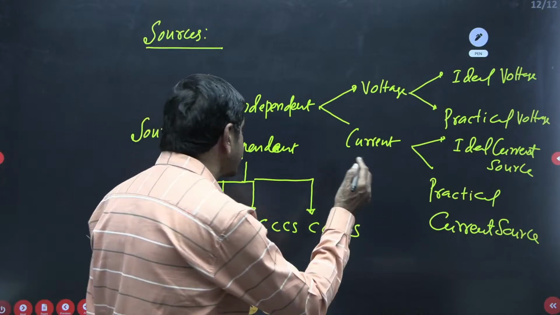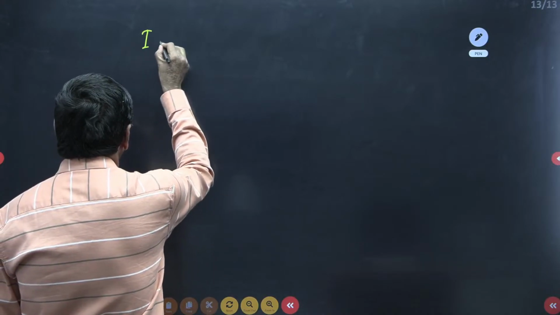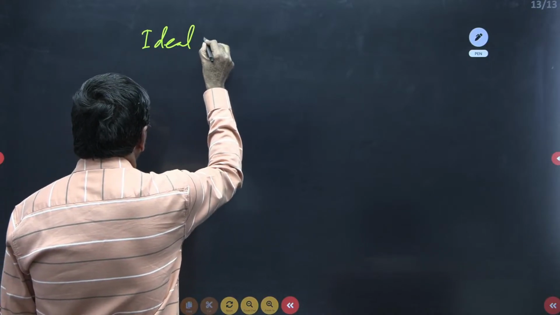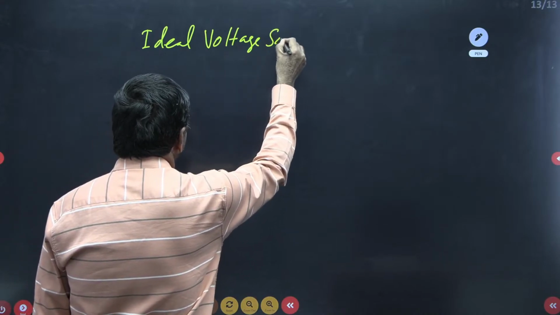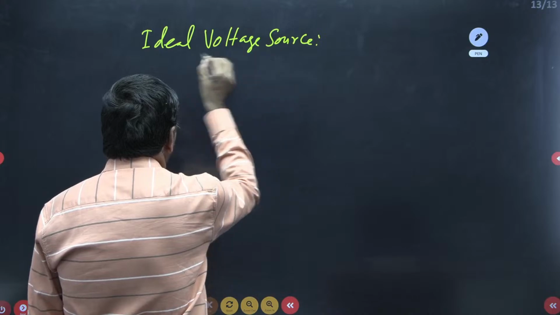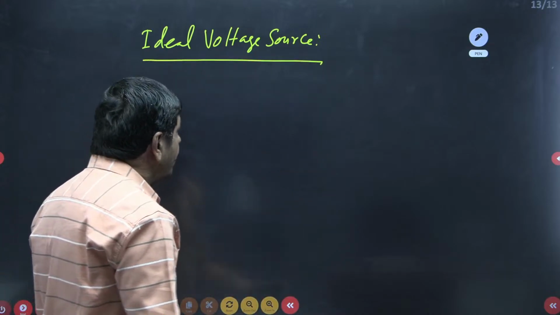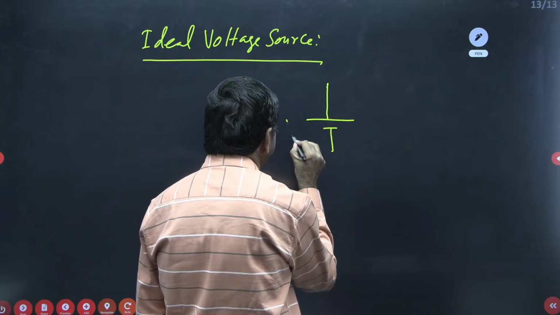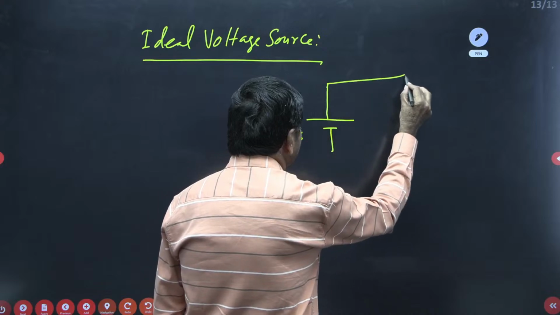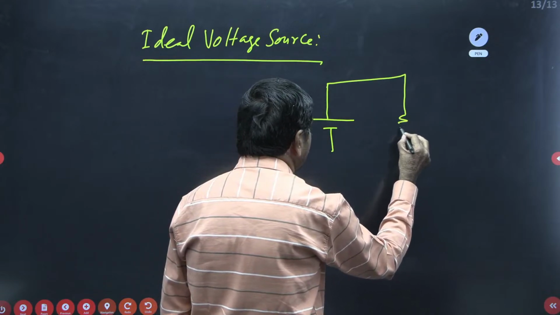Ideal voltage source I selected initially. I wish to select ideal voltage source. How to define this ideal voltage source? I connected one voltage source like this, Vs, and I connected one resistor.